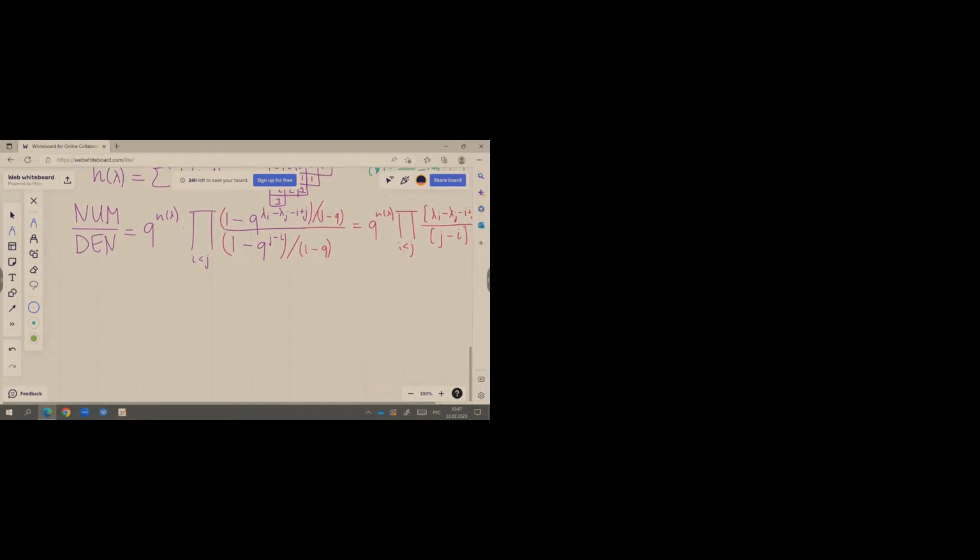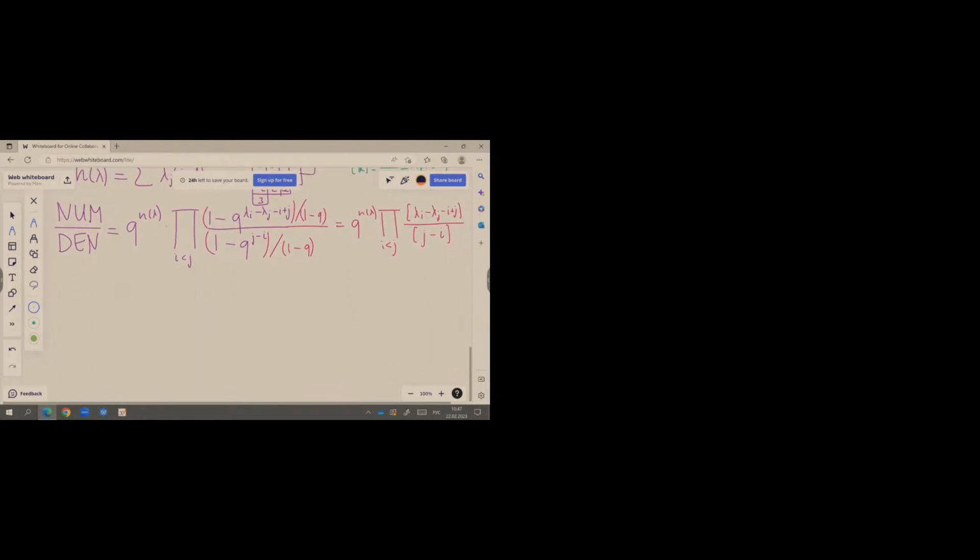So let me state it as a proposition or a theorem. Theorem: s lambda of 1, q to n minus 1, is q to the power n of lambda times the product over i less than j of the q integer lambda i minus lambda j minus i plus j, divided by the q integer j minus i.